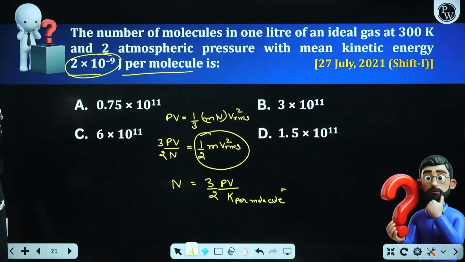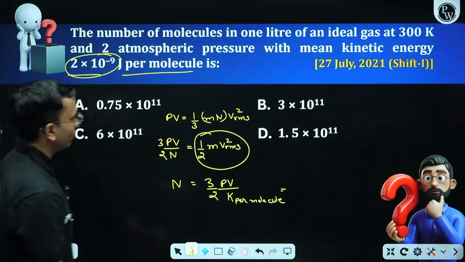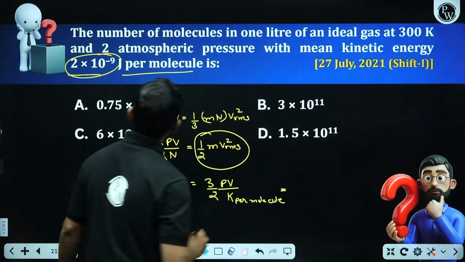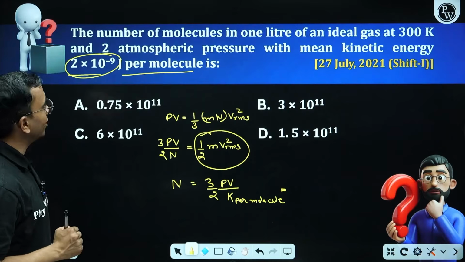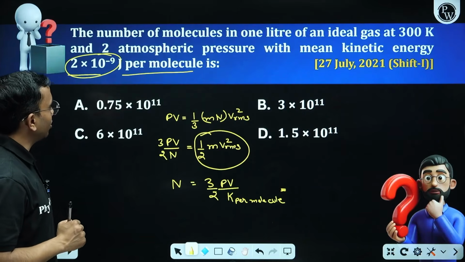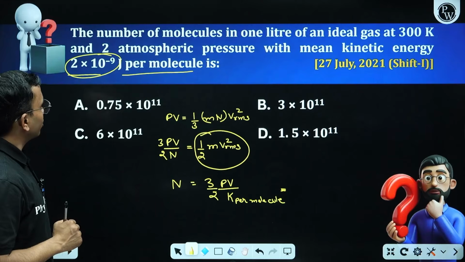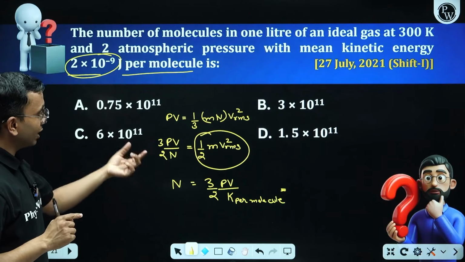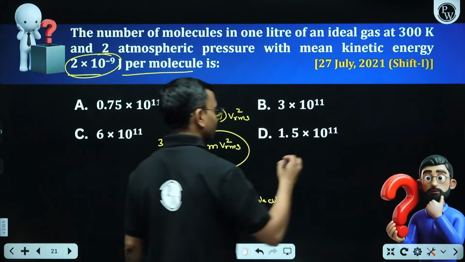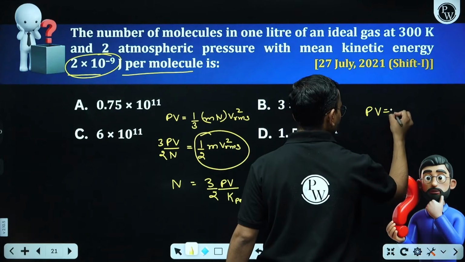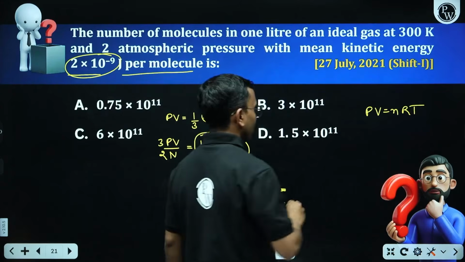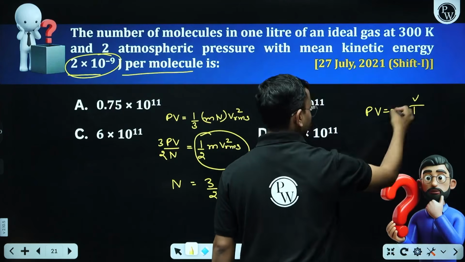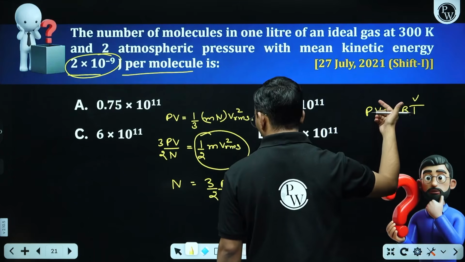Now temperature is given and the pressure is given to us. The number of molecules in 1 liter of an ideal gas at 300 Kelvin and 2 atmosphere pressure. Here pressure and temperature are given, but I need PV there. So I can use PV is equal to nRT, and the temperature is given to us. So from there the number of moles will come.